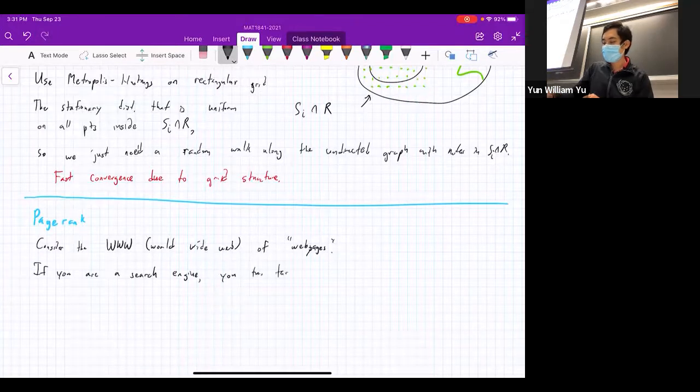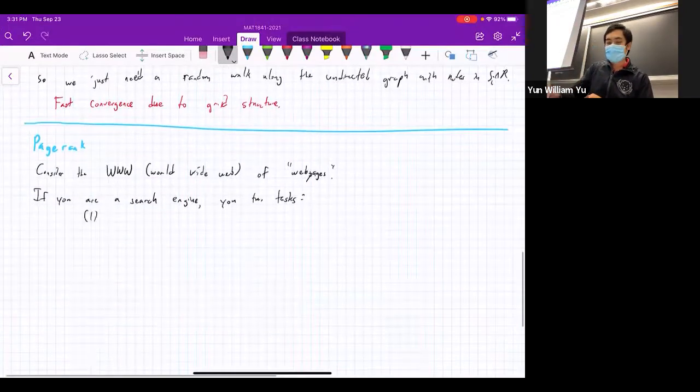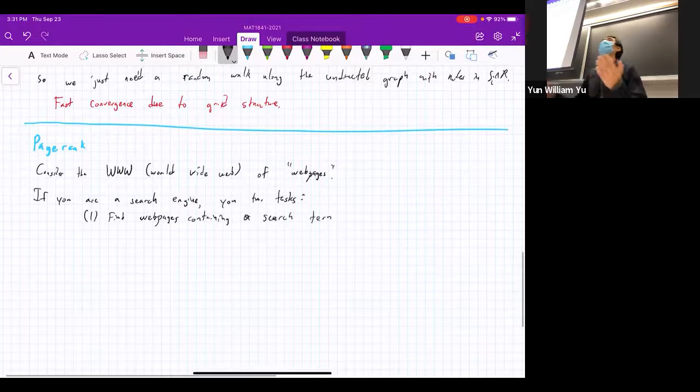Well, at least two tasks. Some search engines have ballooned a little bit in size and do other stuff now too. But you have two tasks. One is find web pages containing a search term. Like if I want to know about cars, maybe I will type car into a search engine, and then it'll tell me all about these other web pages that contain the word car.